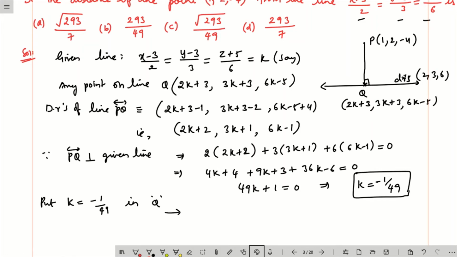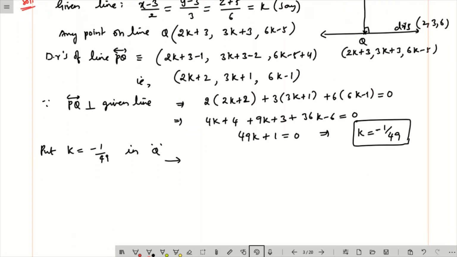So the coordinates of point Q will be 2 times -1/49 plus 3, comma, 3 times -1/49 plus 3, comma, 6 times -1/49 minus 5.